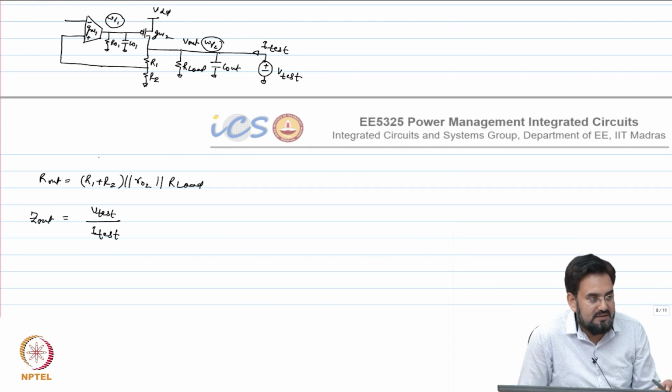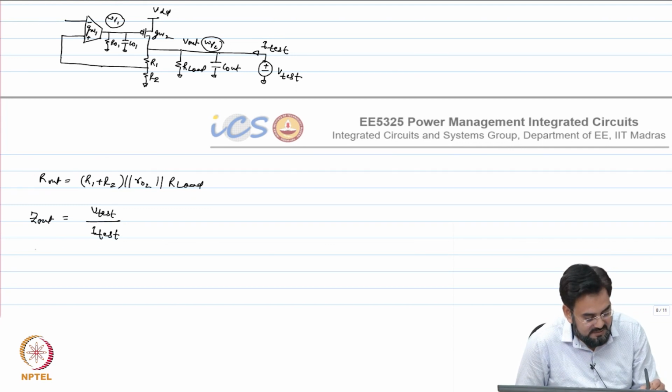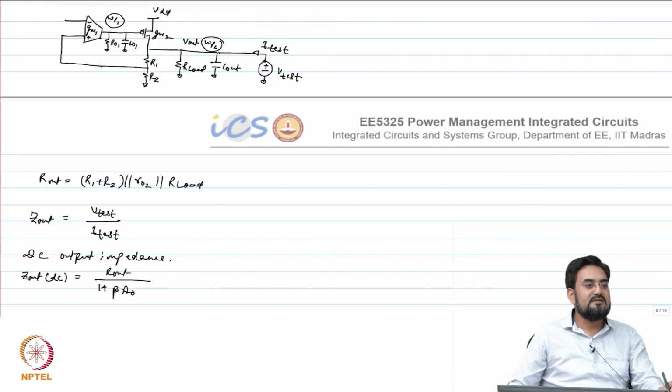So without feedback, output impedance is R out. DC output impedance, which I will say Z out DC, equal to R out over 1 plus beta A naught. Correct?